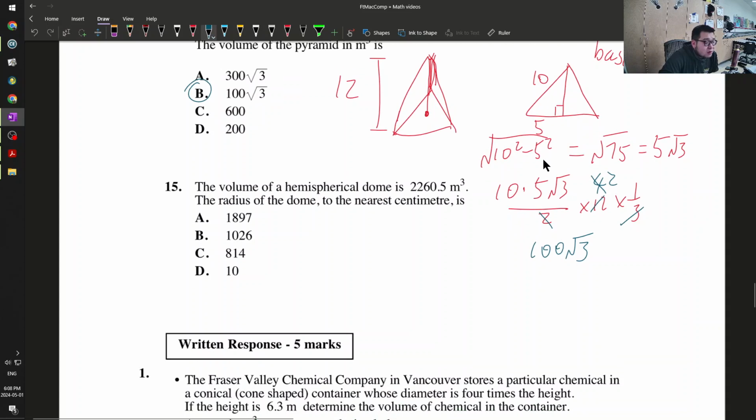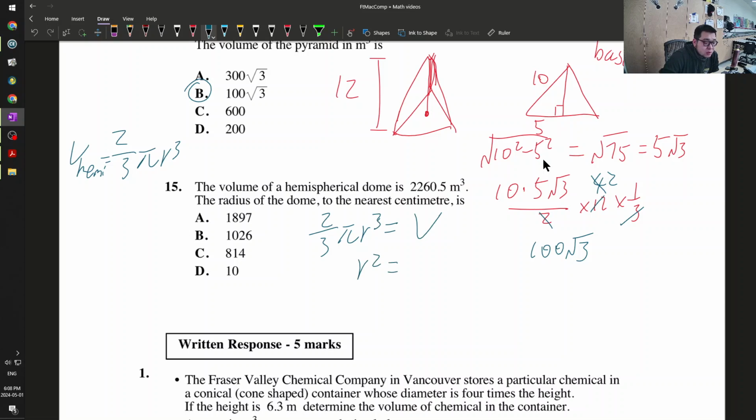So the volume of a hemispherical dome is this. What is a radius? So volume of a hemisphere, normally it's 4 over 3 pi r cubed, so a hemisphere would then have 2 over 3 pi r cubed. Okay, so 2 over 3 pi r cubed is equal to volume. I want to isolate for radius.